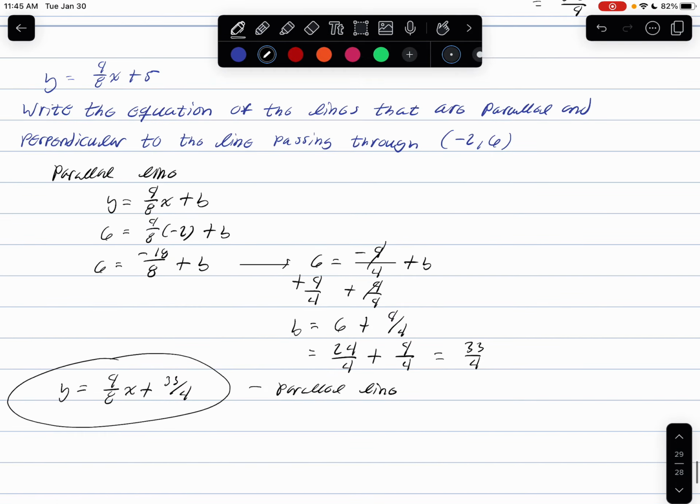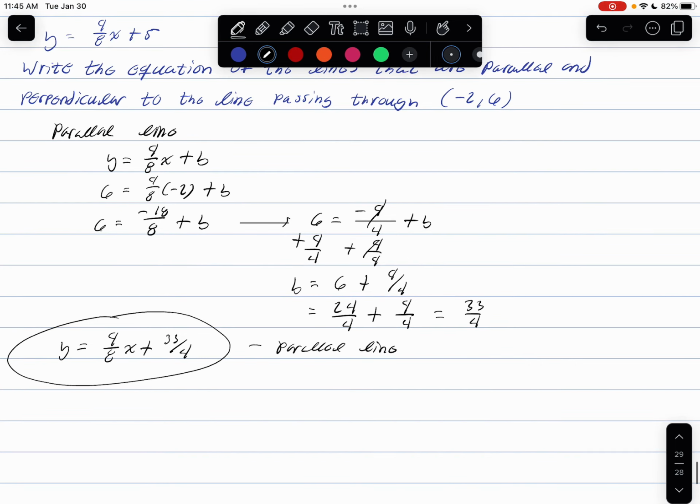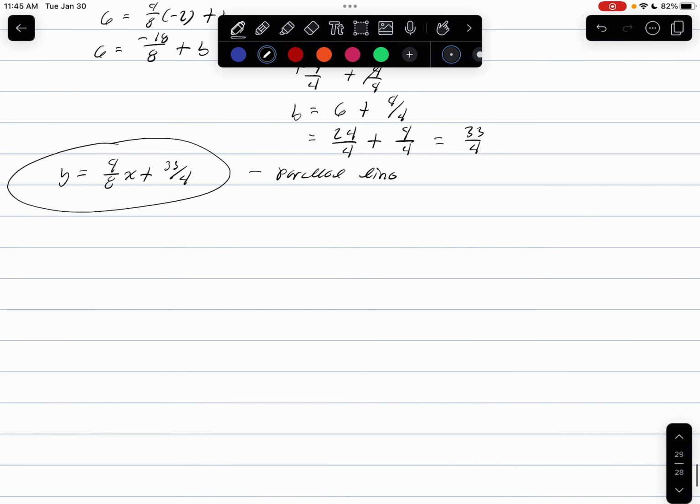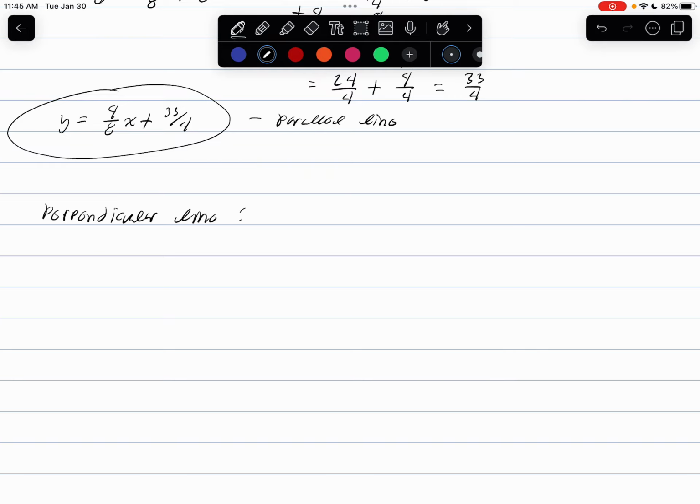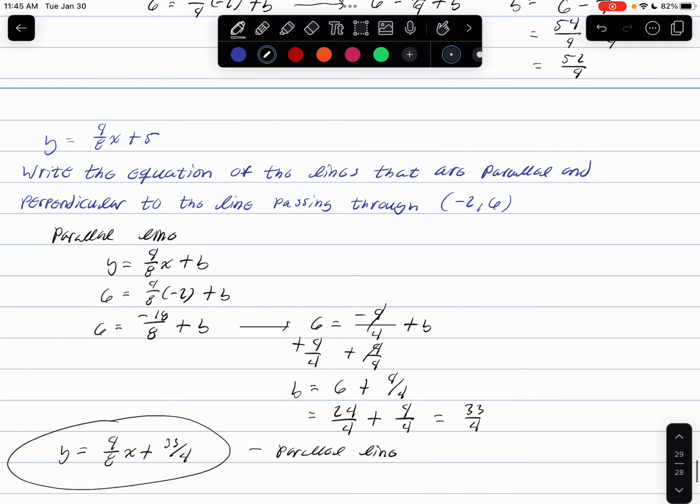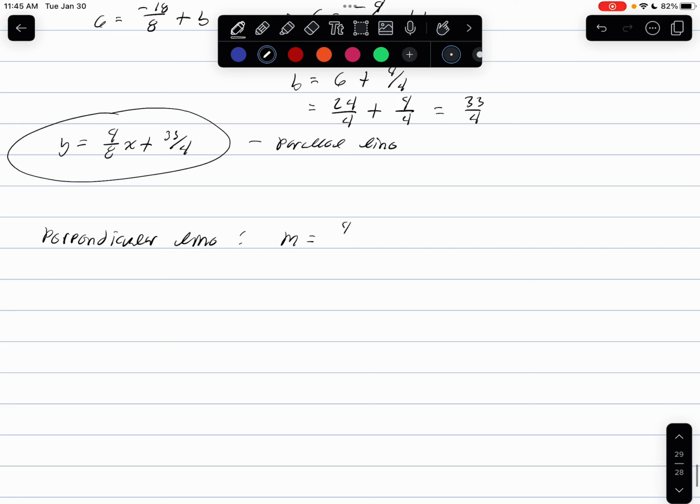It's our parallel line. Now let's find our perpendicular line. Our original slope, m, is equal to 9 over 8. So for our perpendicular slope, we'll call it m prime again, we're going to flip it and change the sign.